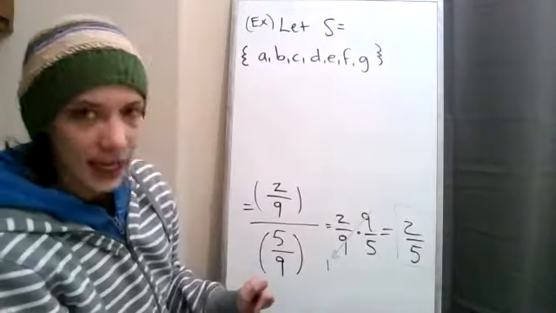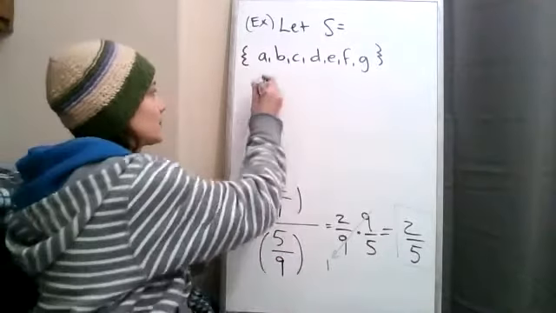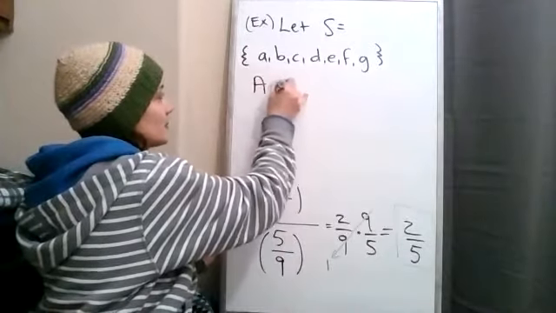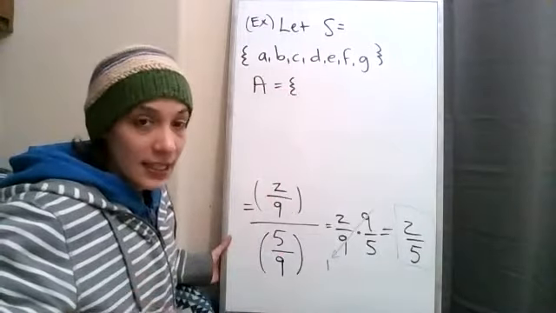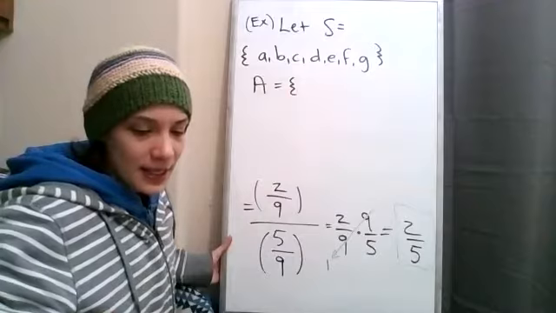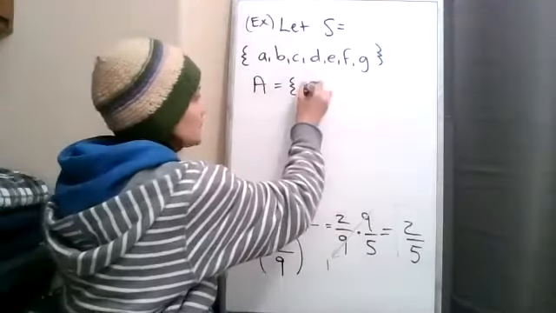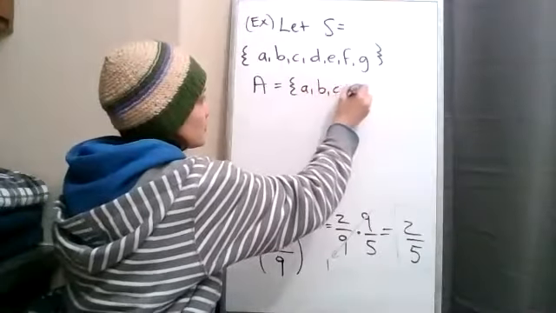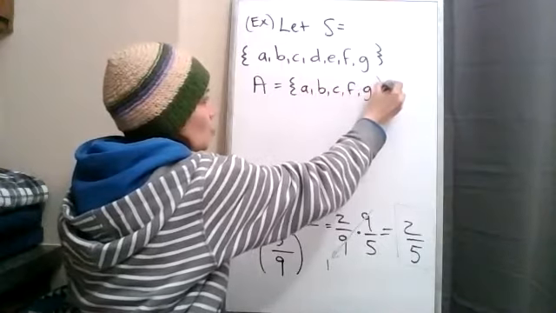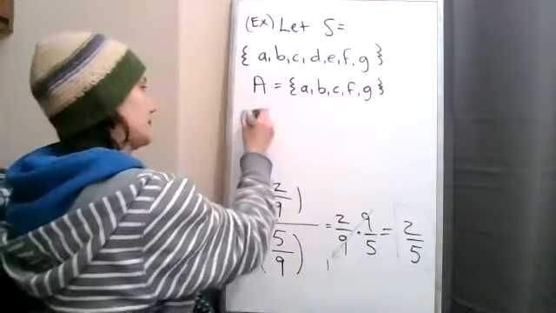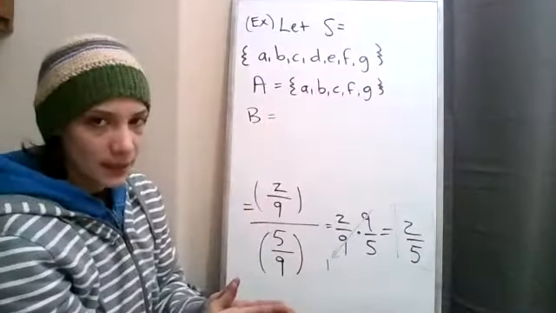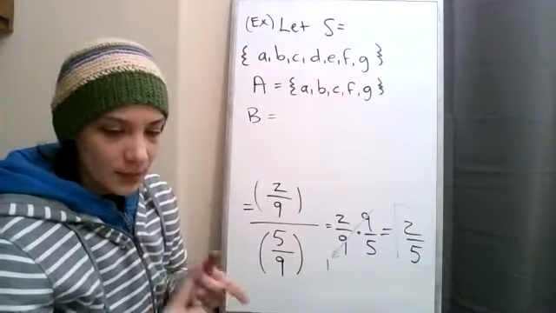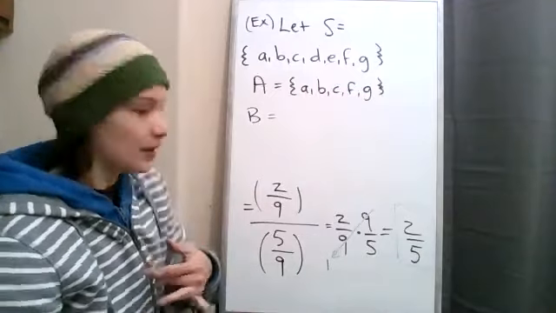We're going to put set A. It contains A, B, C, F, G. Set B has B, C, D, F.